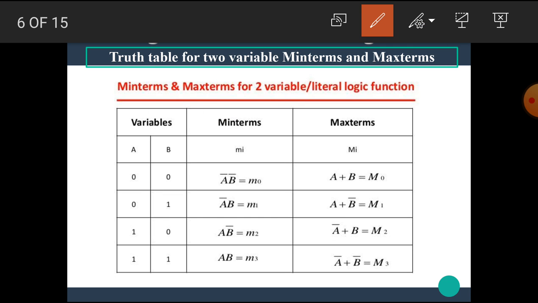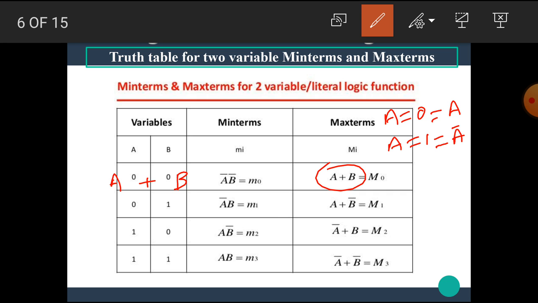In the case of max terms, if a equal to 0, then we write a as it is, and if a is equal to 1, then we write a bar. So a is 0, that means a, b is 0, that means b. We get the max term a plus b.